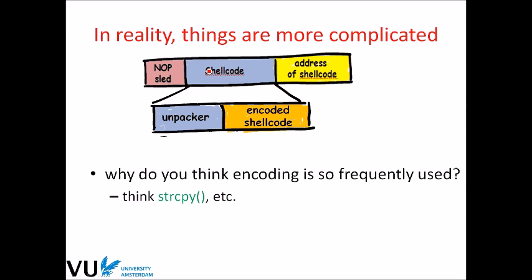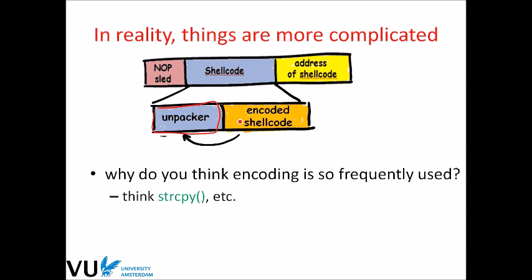The shellcode consists of a small routine called an unpacker, and then some encoded shellcode instructions. It's like encryption, right? You have an unencryptor and an encrypted part, and you first need to decrypt it. It's not always done for encryption, but this is how you could think of it.